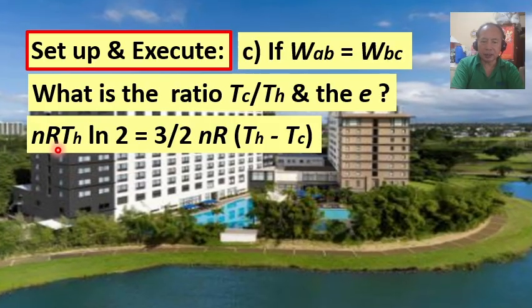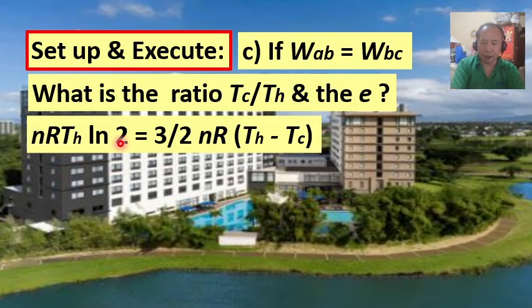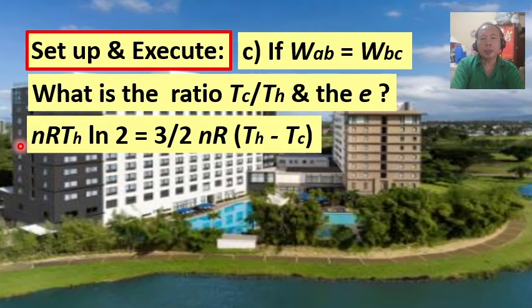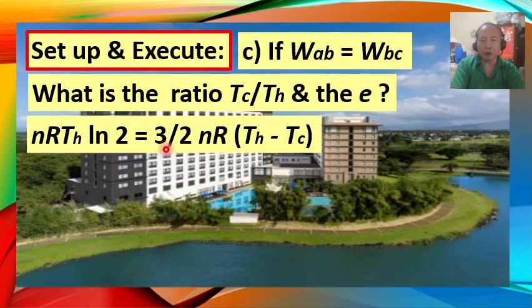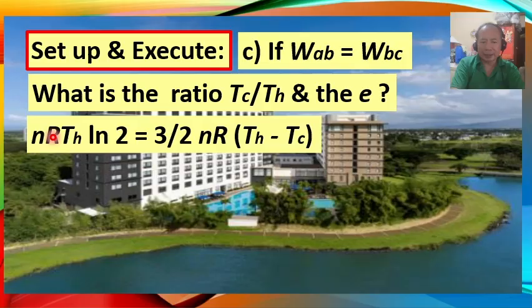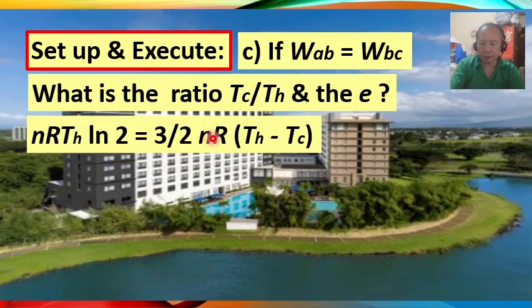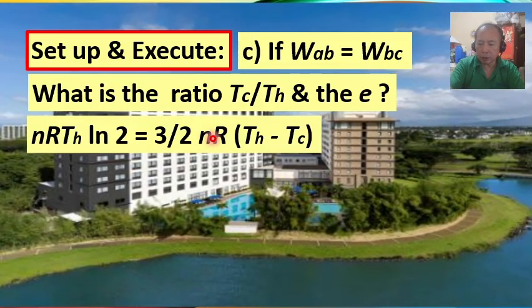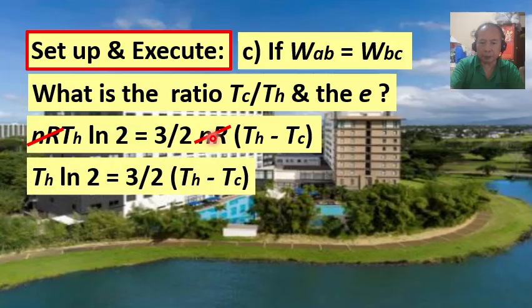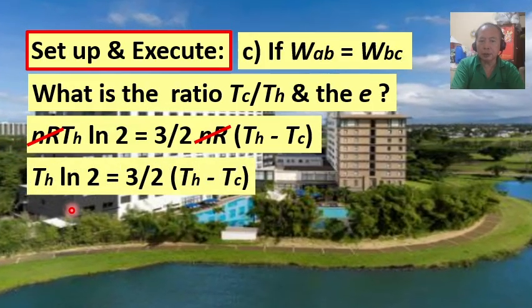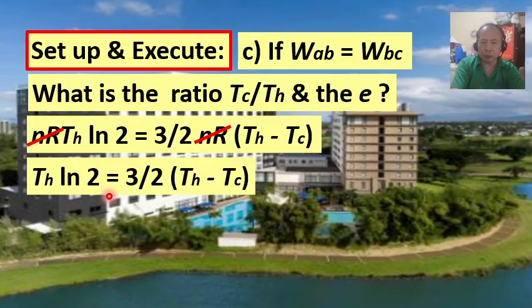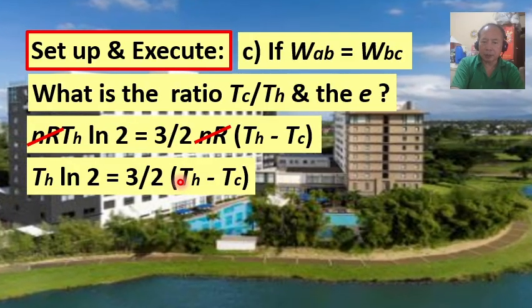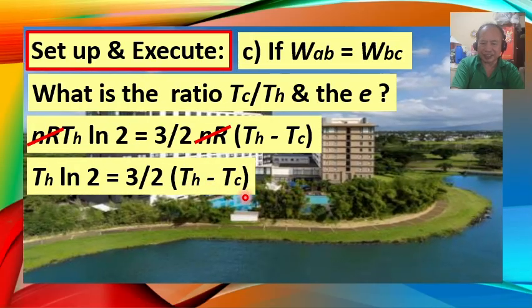Since n times R is a common term on both sides of the equation, might as well cancel it out. So our equation is simplified to Th times ln 2 equal to 3 halves times quantity Th minus Tc.